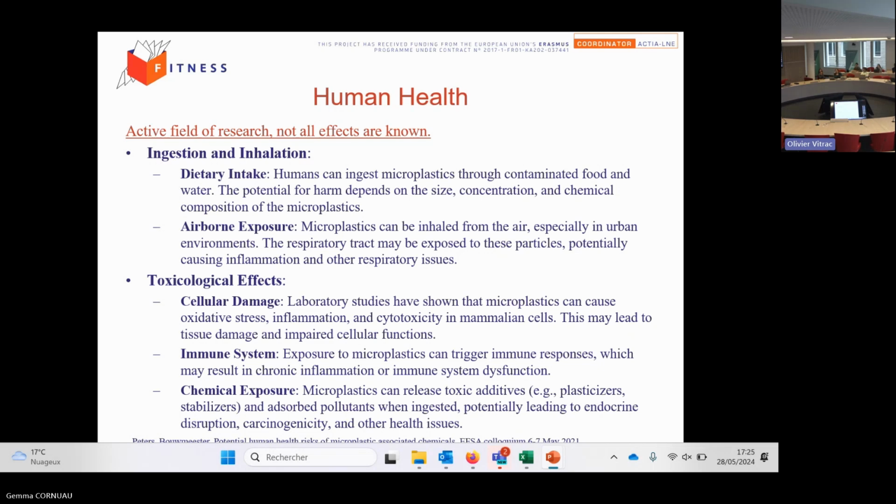Ingestion and inhalation. It is clear that airborne exposure can bring respiratory problems because airborne exposure can cause inflammation in the respiratory tissues, so in the lungs of us. And when you have inflammation, this can cause other health problems.